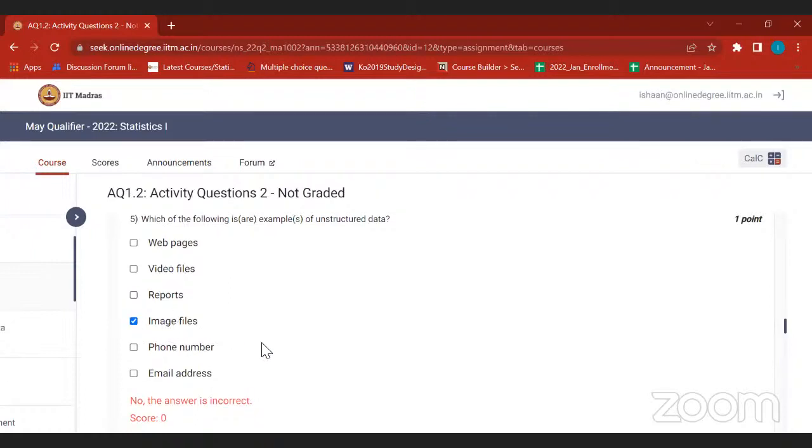Image files also you cannot organize. In a column you can plug in all the images, but that's again not well organized or meaningful for us to analyze. If you note down some properties of that image, like the pixels and the size, that's something we can include in structured data, but only image files we cannot, right?